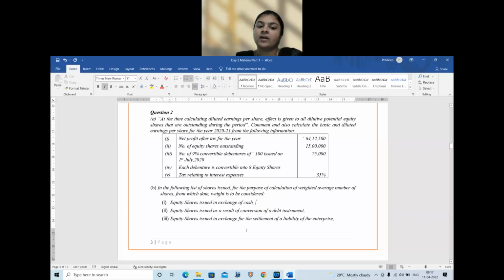Next, equity shares are issued in exchange of settlement of a liability of the enterprise. So, like for a creditor, I am allotting equity shares for settlement. So, is it the date of purchase or date of settlement? Date of settlement, because that day only equity shares become available.